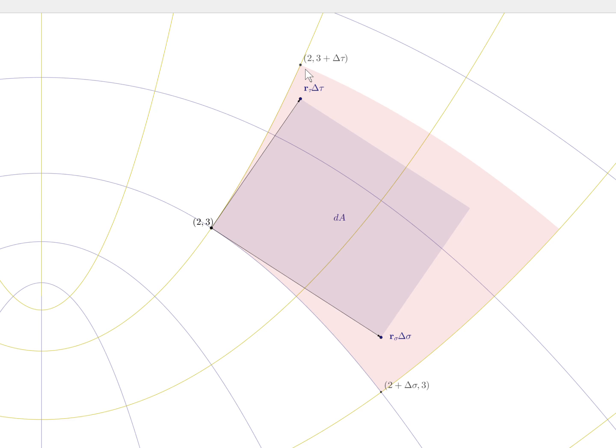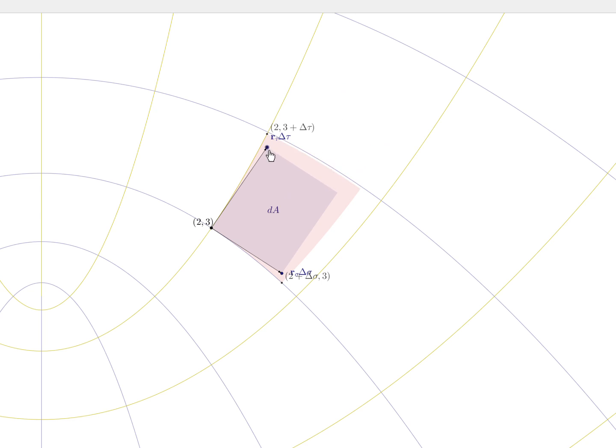We're going to fall back, though, to our standard argument in calculus that says these things may be different, but as delta sigma and delta tau get smaller, the difference becomes smaller and smaller. And in fact, for sufficiently small sigma and tau, the area of this parallelogram dA becomes an arbitrarily close approximation of the sigma tau rectangle, or quote rectangle, that we had before.